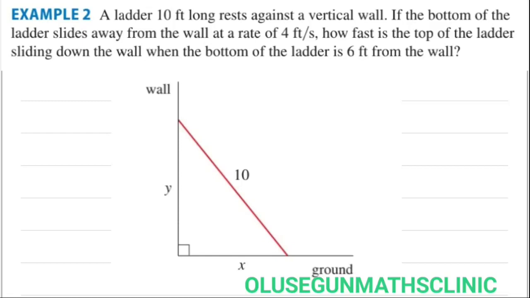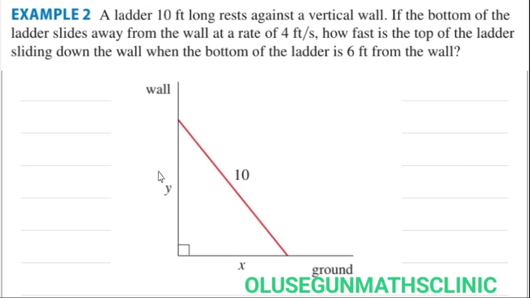If you're able to see the diagram, you see the wall and the ground. The length of the ladder is 10 feet. The wall represents the y-axis and the ground represents the x-axis.